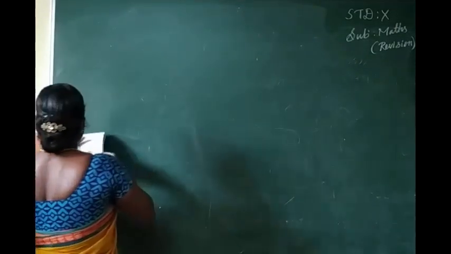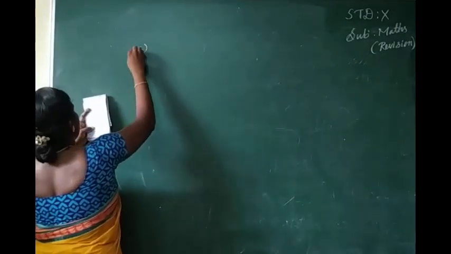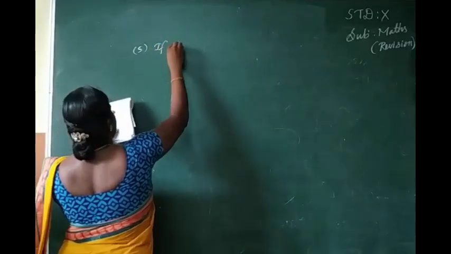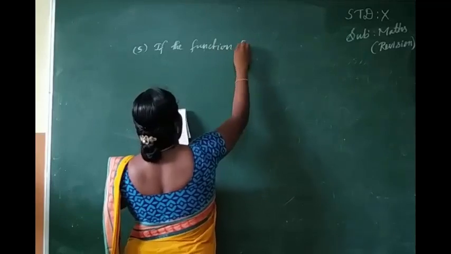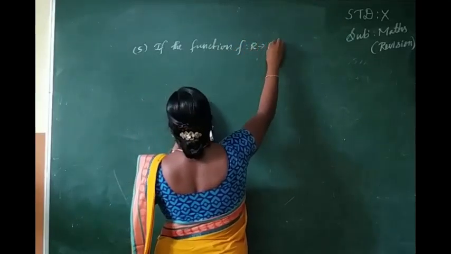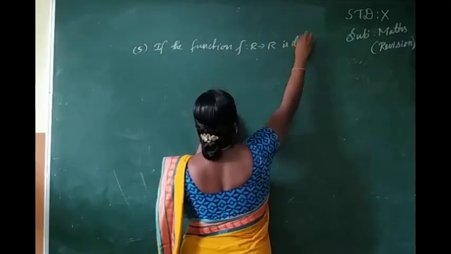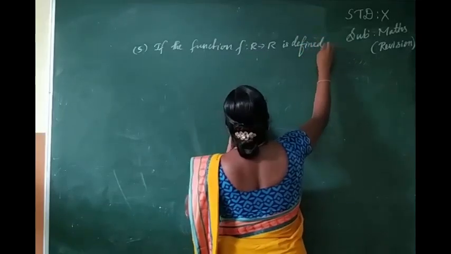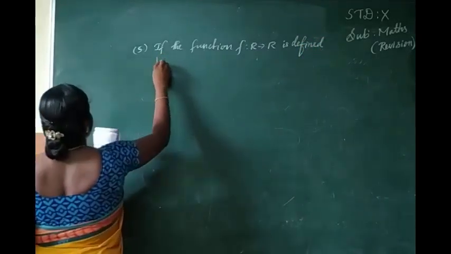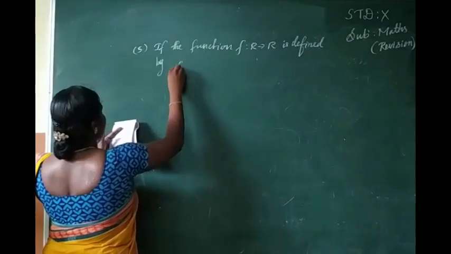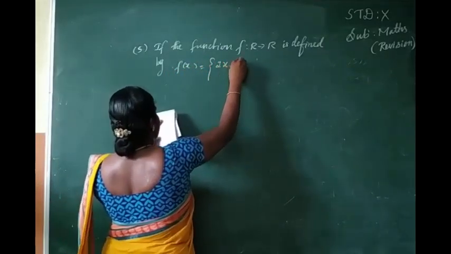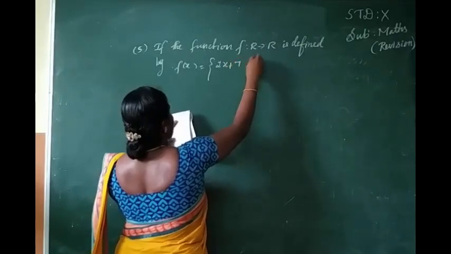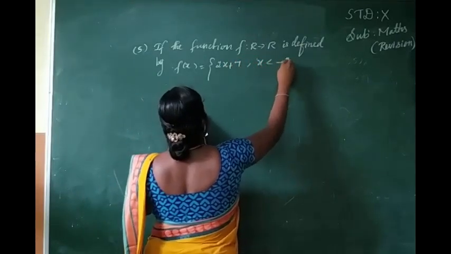Next question, question number 5. If the function f from R to R is defined by f of x equal to 2x plus 7, comma, x less than minus 2.